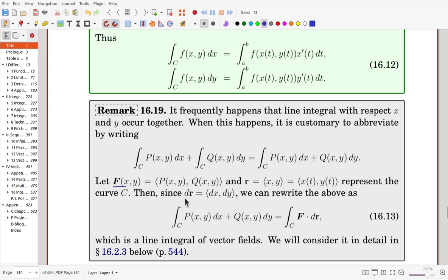Then dr must be (dx, dy), so this is the dot product of F and dr. So we can write it in this way. This is a line integral of a vector field F, and we'll consider it in detail in the last part of the section.